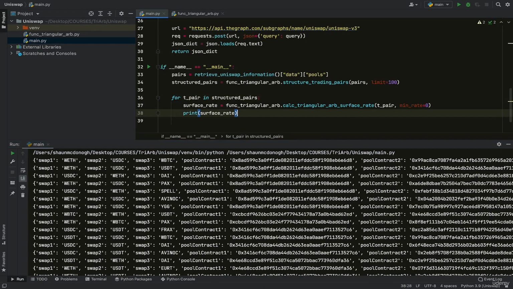Now, sadly, and also fortunately, in the next session we're going to save these opportunities to a JSON file. The reason for that is very simple: we're going to be working with the Uniswap SDK, and what's very important is that we use JavaScript, because this is recommended and it's also what the SDK is built in.